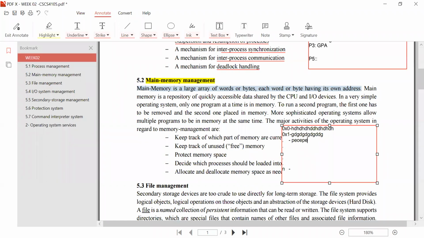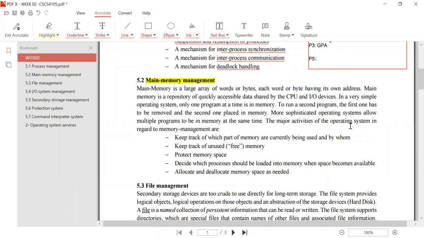So that is how the memory is organized, okay? If you need the content found at address 0x1, you just come to address 0x1 and you pull what is inside, okay? So that's how the memory looks.